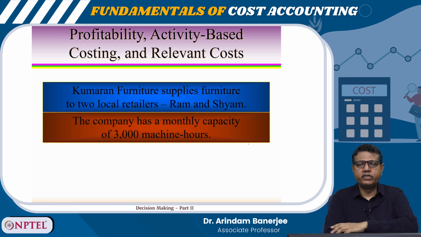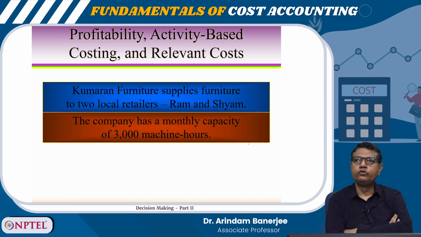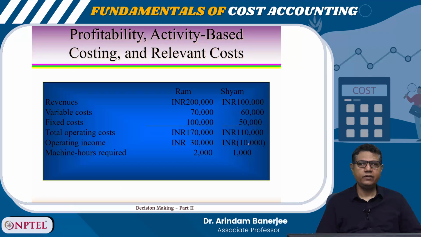There is a furniture shop. It supplies furniture to two local retailers, say Ram and Sham, and it has a monthly capacity of 3000 machine hours. Fixed costs are allocated on the basis of revenues. Revenue from these two customers is 2 lakh and 1 lakh.